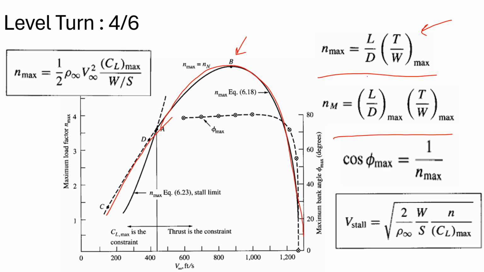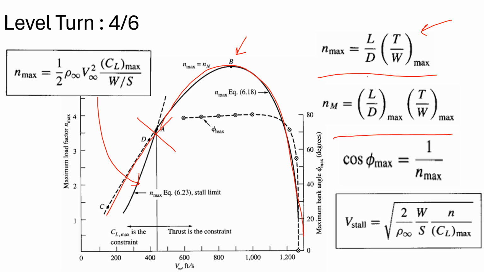Okay. However, like we studied before, much before that point reaches, your aircraft will stall. Okay. So in that case, the maximum G's that you can pull is half rho v square CL max divided by wing loading. And that is this curve here. All right. So this is against the velocity.